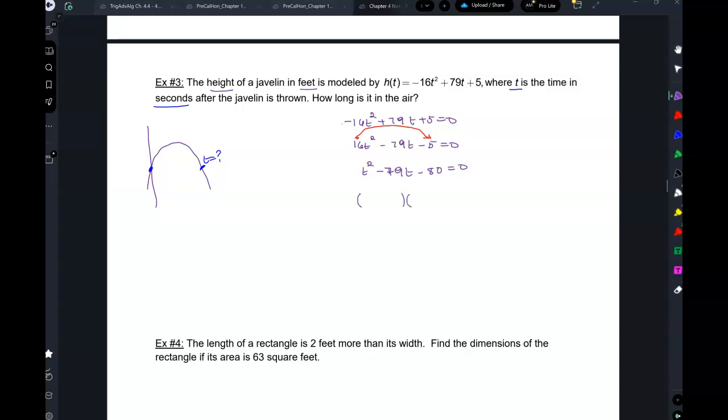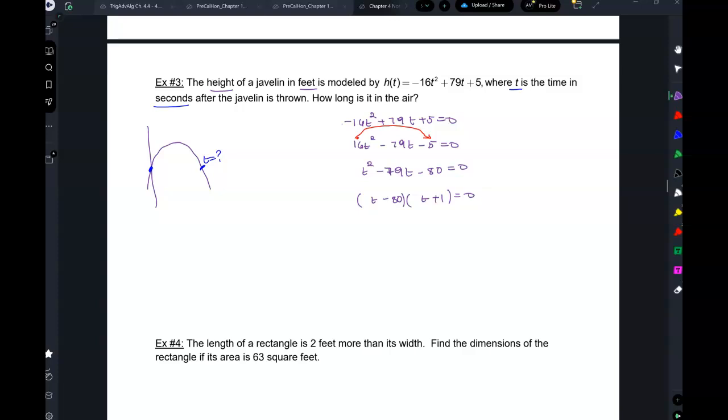Now, let's factor this. We can factor this, right? What two numbers add to negative 79 but multiply to 80? So t minus 80, t minus 1. Is that right?